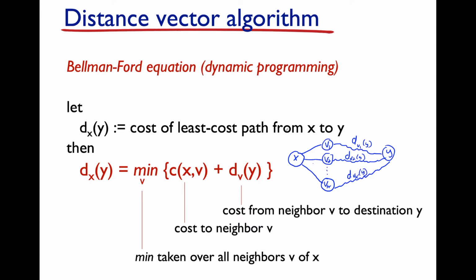So now what this Bellman-Ford equation says is, if I want to get from x to y, d sub x of y, I can do that by going through some neighbor of x such that the cost of going from x to each neighbor v plus the distance from that neighbor to y is going to be minimal.